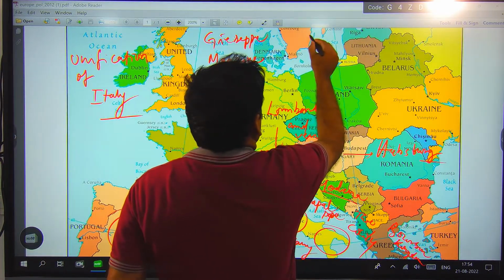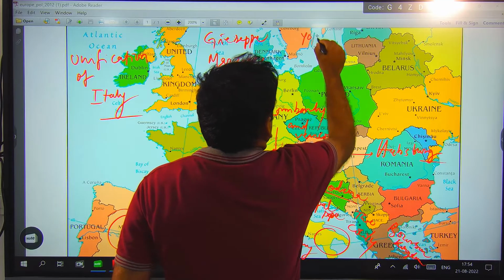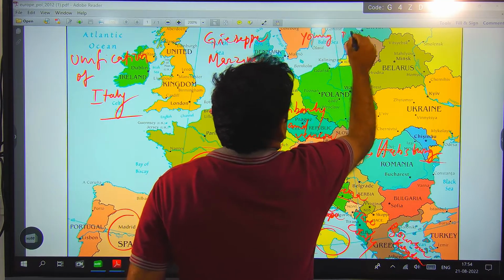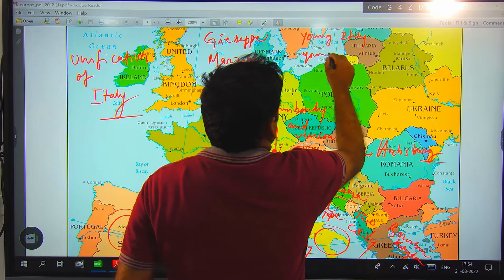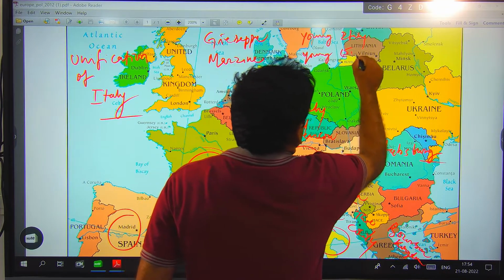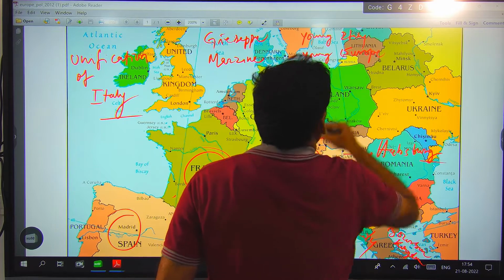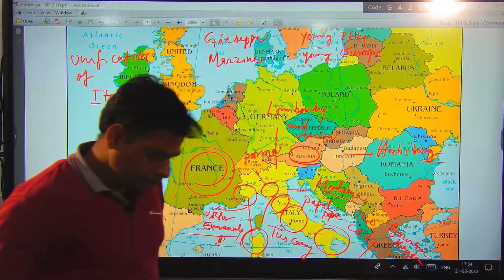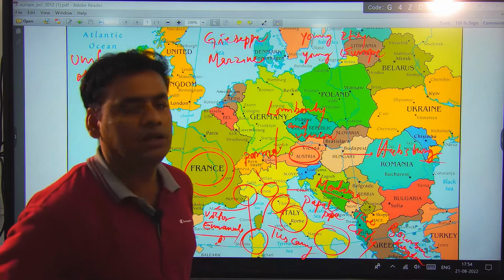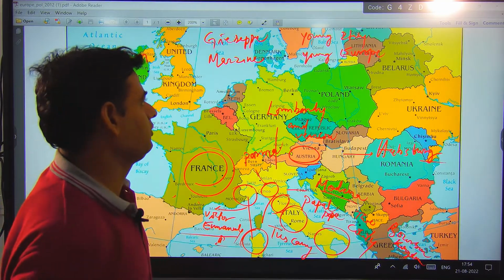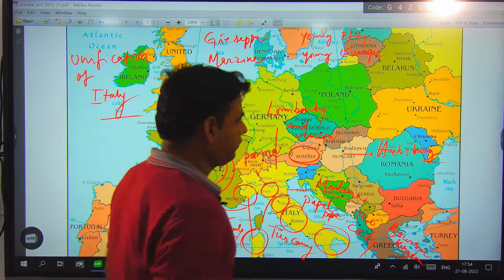He actually started Young Italy and Young Europe. Young Europe in Bern, Young Italy in Marseilles. He started these two secret societies.